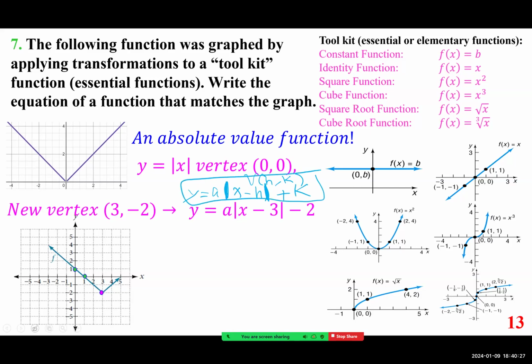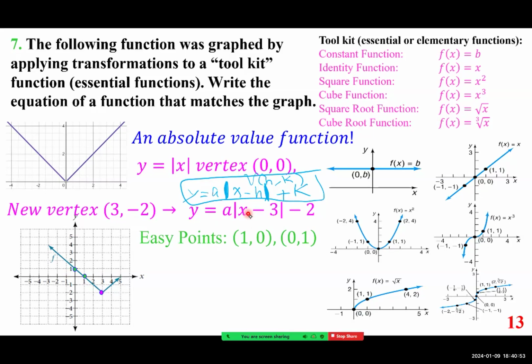And so that's what it is. Everything is fine except a is missing. So all you have to do is pinpoint a point and plug it in. There are a couple of easy points, the intercepts. You can see this is 1, 0, this is 0, 1. Use one of them. For example, if I use this one, instead of y I'm going to put 1, instead of x I'm going to put 0.